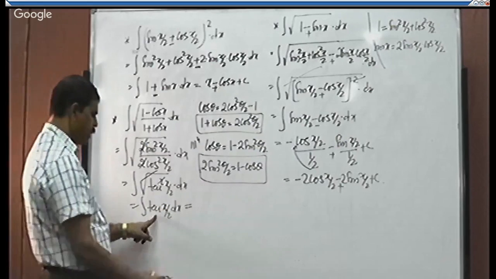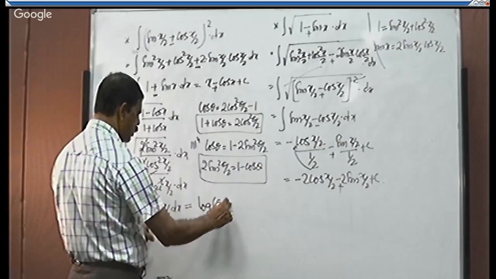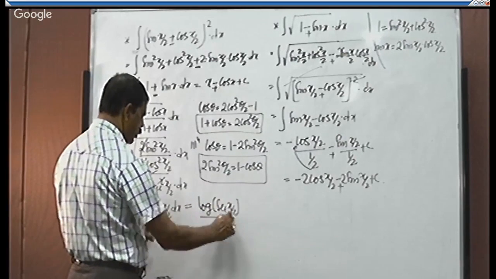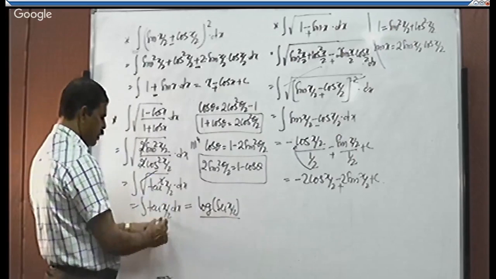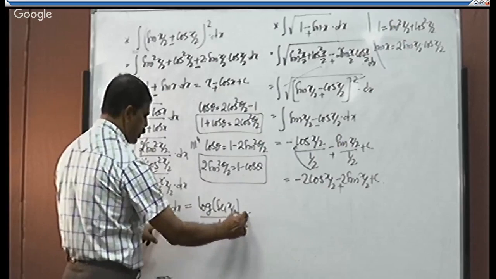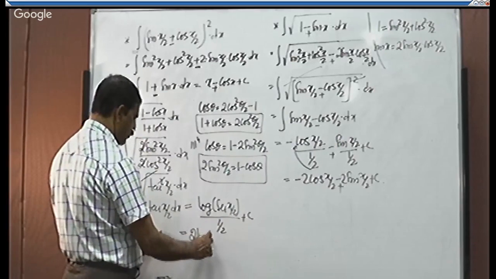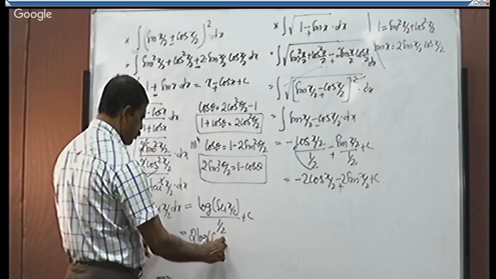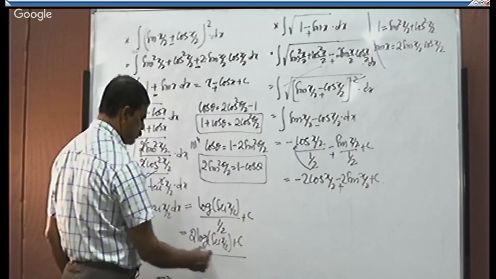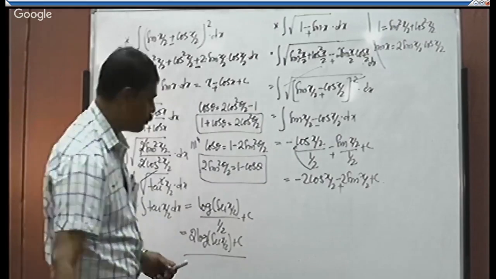Integration of tan is log of secant x by 2 divided by x coefficient. X coefficient is 1 by 2, plus c. So it is 2 into log of secant x by 2 plus c.